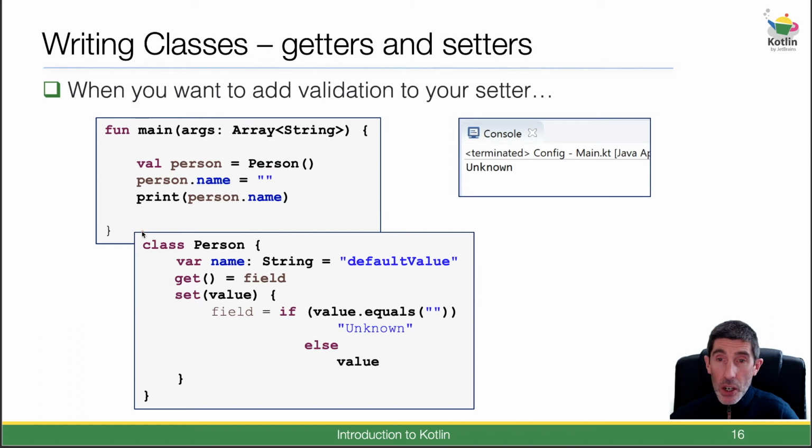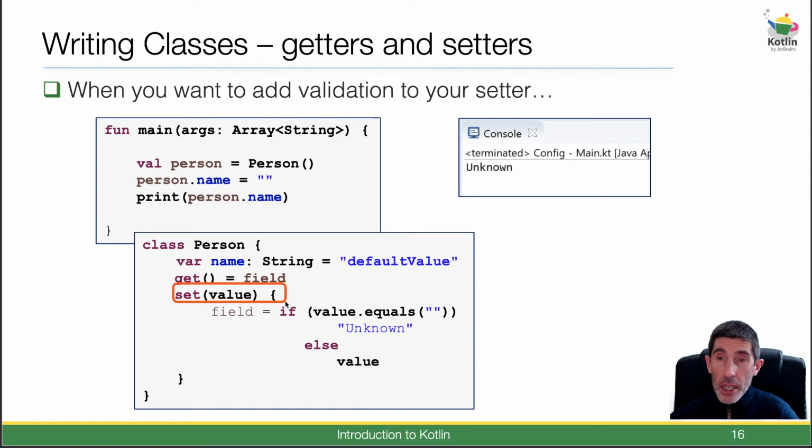We can, in our class declaration, do something like this. We would say our var name, but if we're going to override this, we have to do it for all of them; we can't just pick and choose. So here is our get, which would again return the name property, where field would be replaced by name when our class is generated.